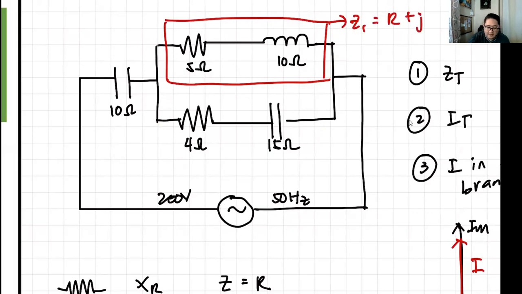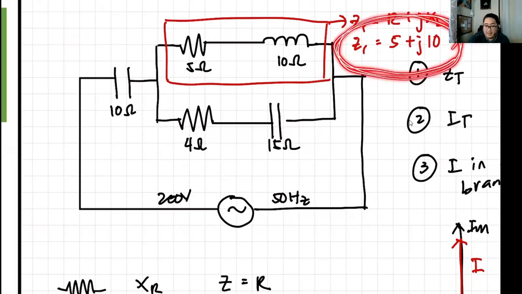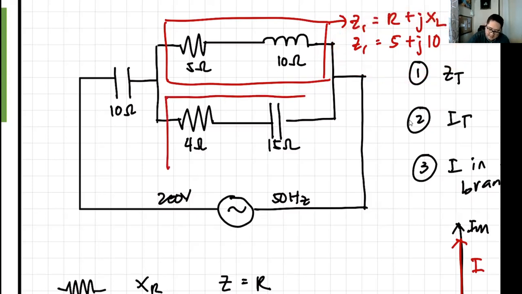So, we have JXL. Okay? So, Z1 natin is equals to 5 plus J10. Ibig sabihin. So, di ba ito, naka complex number na siya.